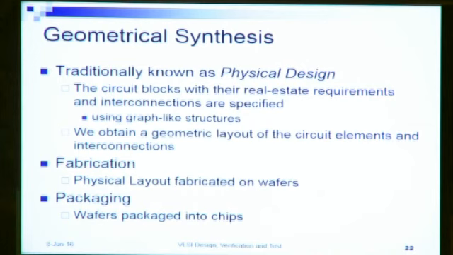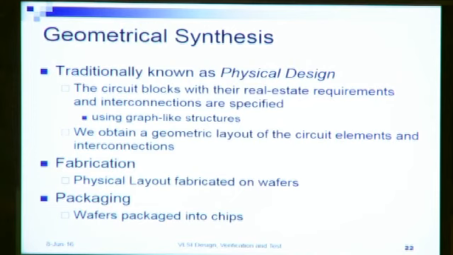The circuit blocks with their real estate requirements and their interconnections are specified using graph-like structures. So this netlist, as I said before, is a graph-like structure where each node is a component and the edges define connections between components. Edges or hyperedges define connections between components.